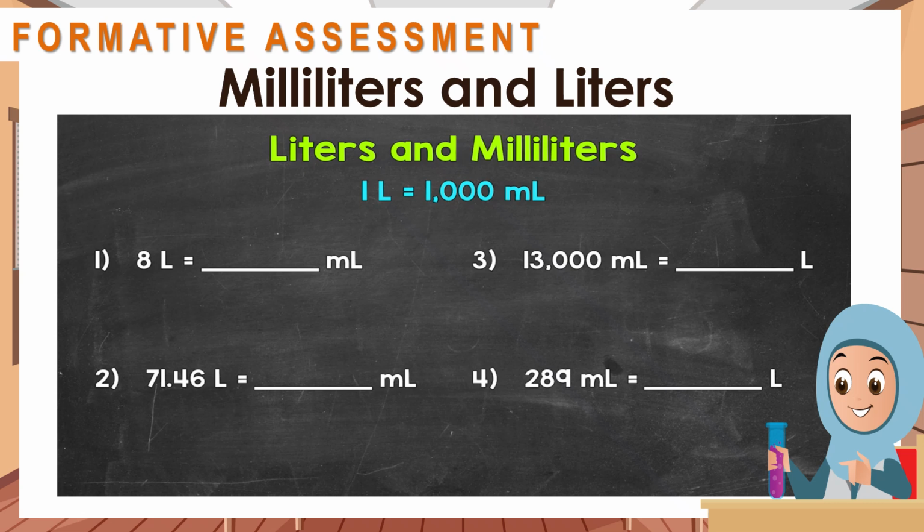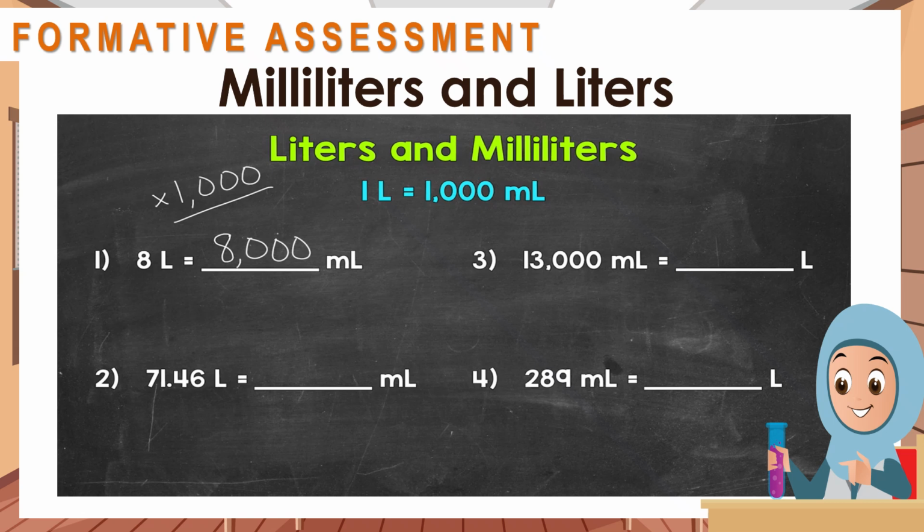So we have 8,000 milliliters here. 8 liters equals 8,000 milliliters. So when we go from liters to milliliters, we multiply by 1,000.